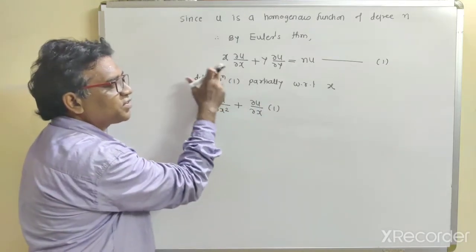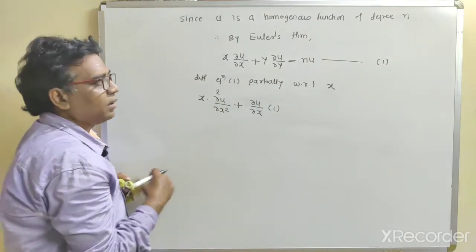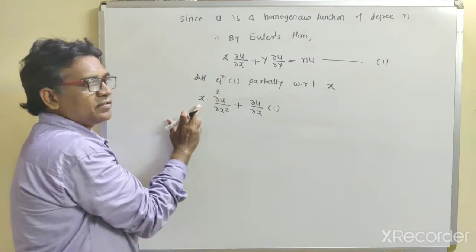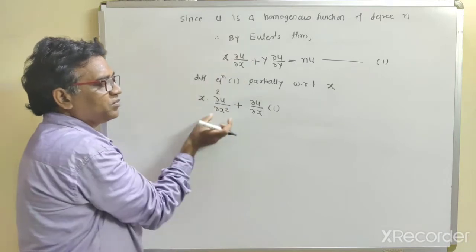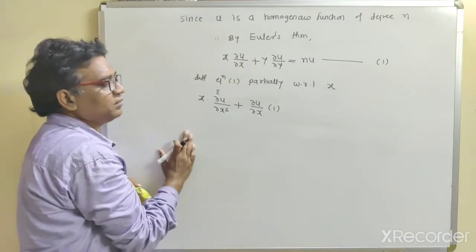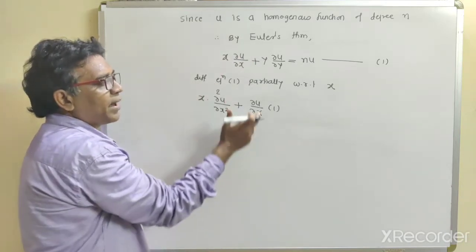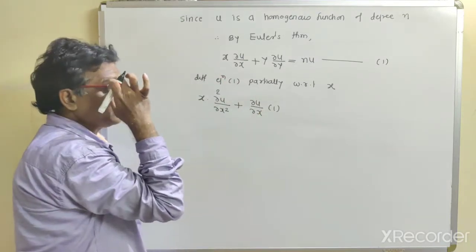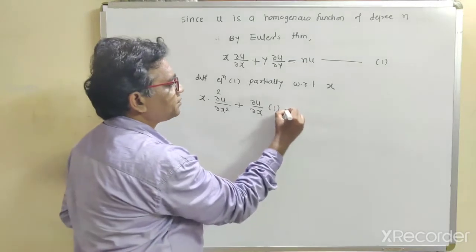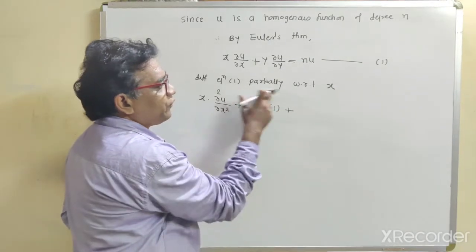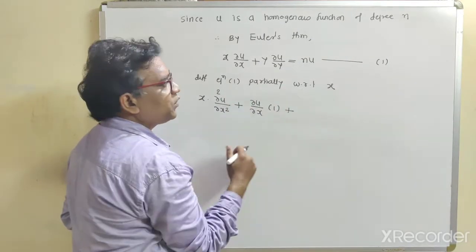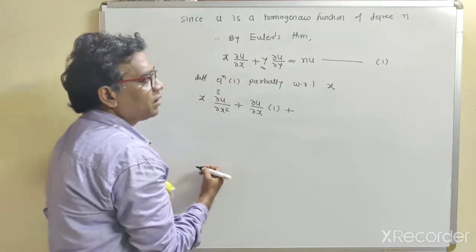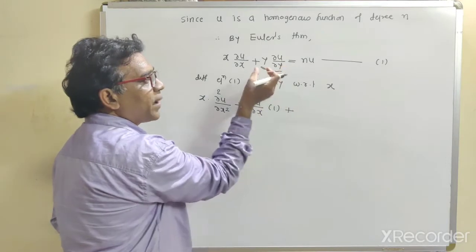So for the first term we have to use the product formula because both are variable. So first term as it is, x, into derivative of second term, plus second term as it is, del u by del x, into derivative of first term, it is 1, plus, now differentiation partially with respect to x means we have to keep y as a constant variable. This is not constant, this is the partial derivative.